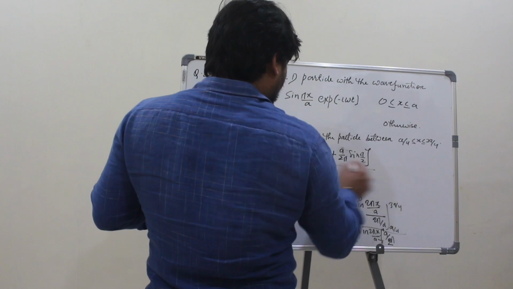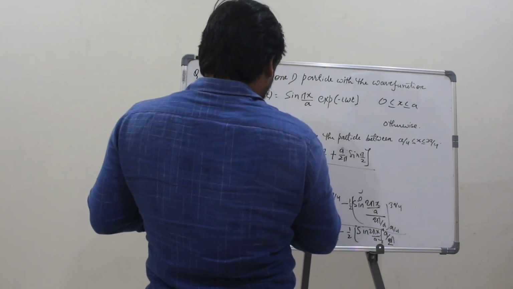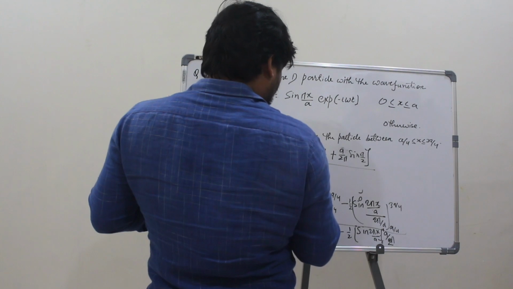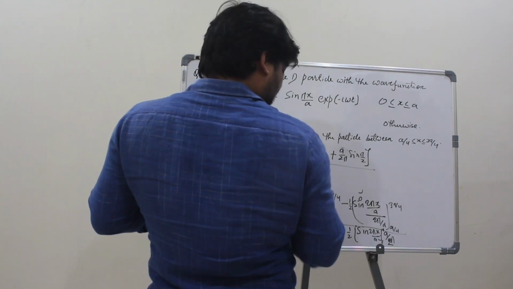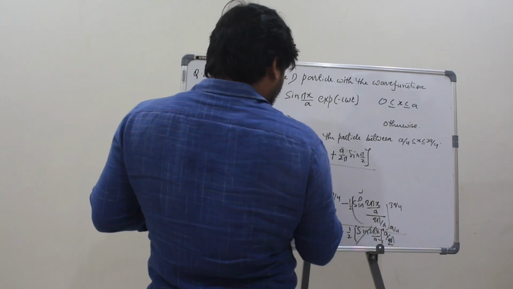Right? Whole divided by 1 by 2 a, minus this term vanishes at 0.